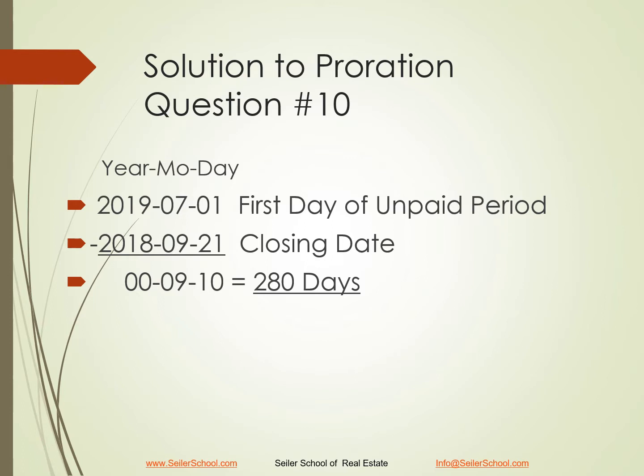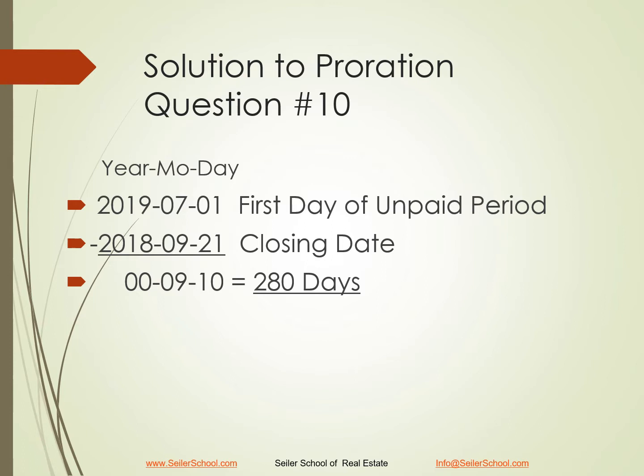And now we're back to our month column, which we have changed from a 7 to a 6, and we notice we can't subtract 9 from 6. So we have to go over to our year column and borrow 1 year, which is 12 months. So we add 12 months to our 6, which makes it 18. 18 months minus 9 months equals 9 months.